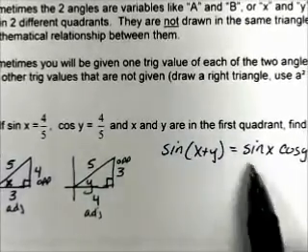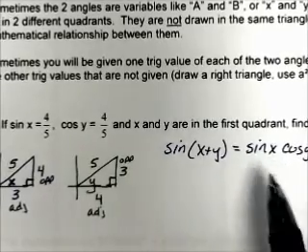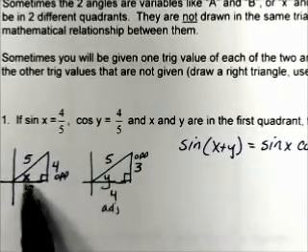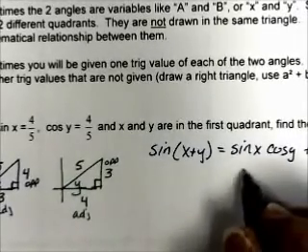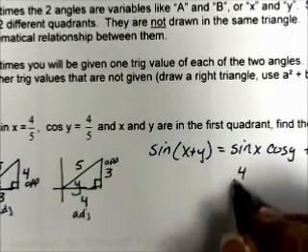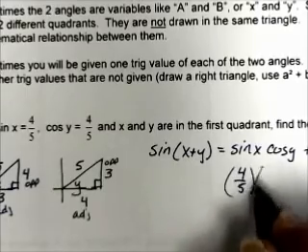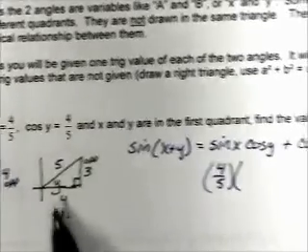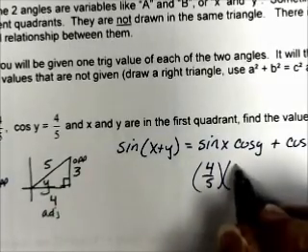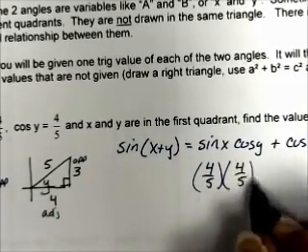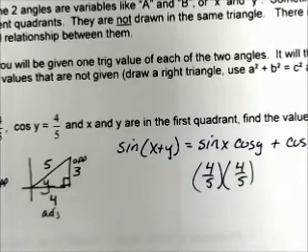So now the sine of x, just make sure you're looking at the correct triangle. The sine of x is the 4/5. So replace sine of x with its value 4/5 times the cosine of y. The cosine of y is 4/5, adjacent over hypotenuse.